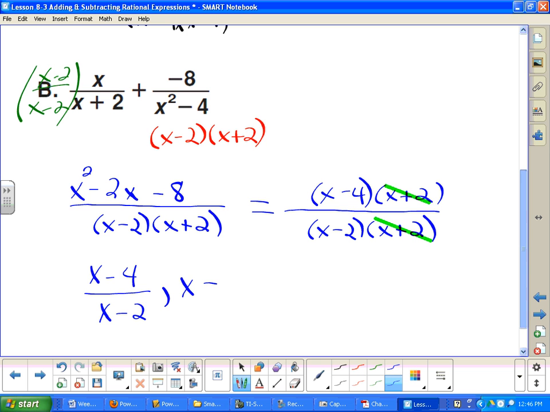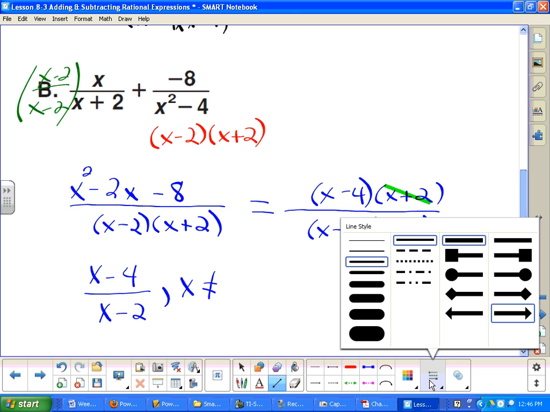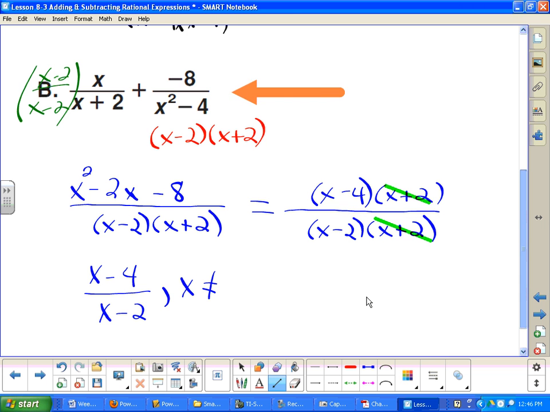We still need to tell where it's undefined. And remember that when you tell where it's undefined, you have to go back to the original. So I look at both of those denominators.